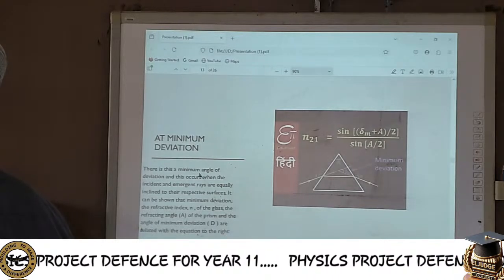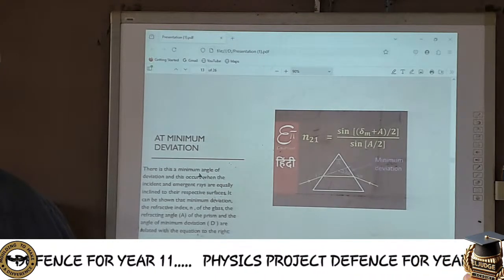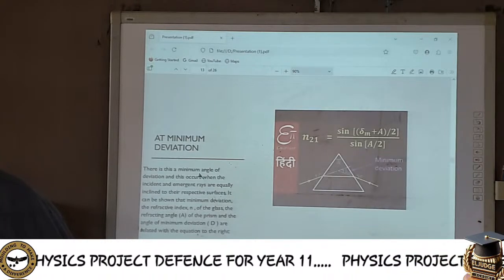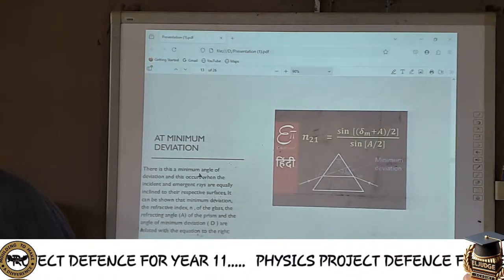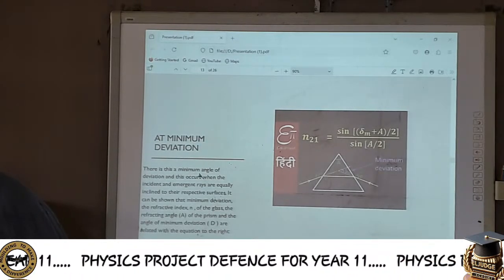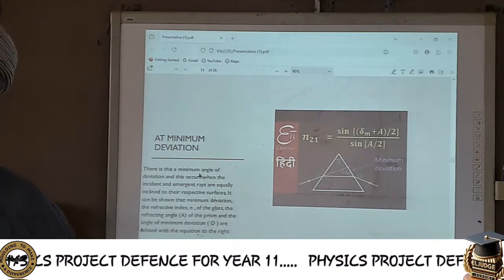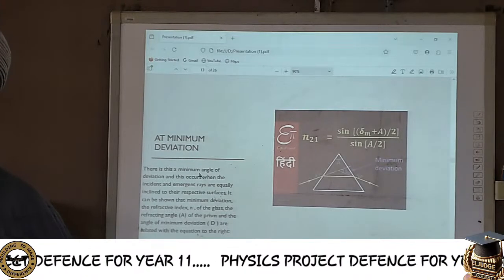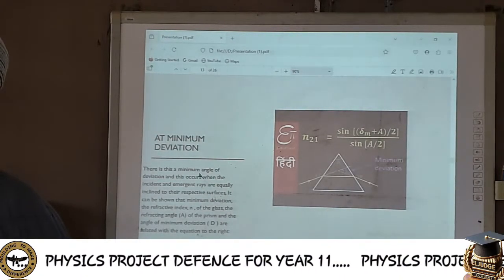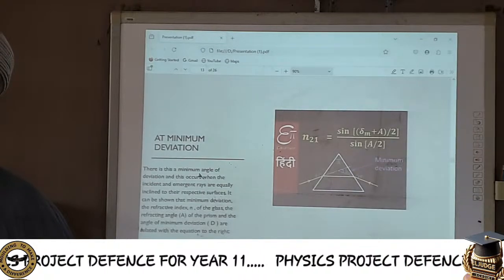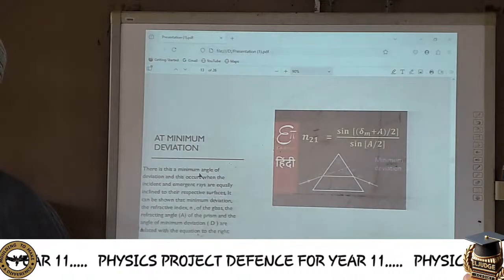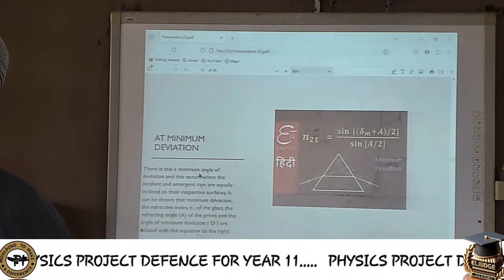You can write it as n equals sine of (D plus A) divided by 2, over sine A over 2. So if you have a triangular glass block which is an equilateral triangle, for instance, so that A equals 60, you're going to input your A as 60 into the equation.